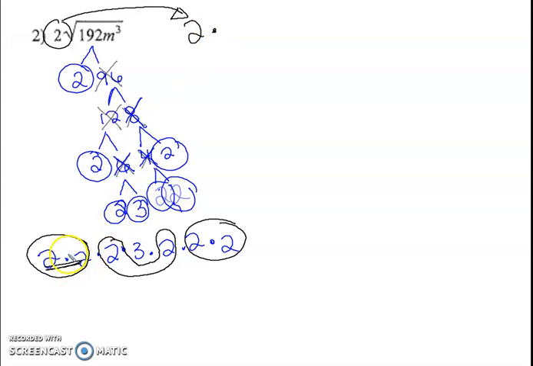So this first pair is going to become a 2, because the square root of 4 when I take it out is 2. The second pair is going to come out and be a 2, and this third pair is going to come out and be a 2. The only thing left under there is just this 3.